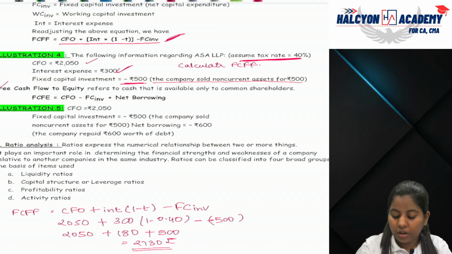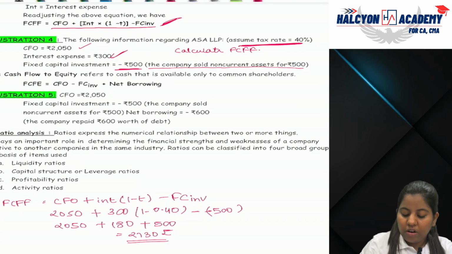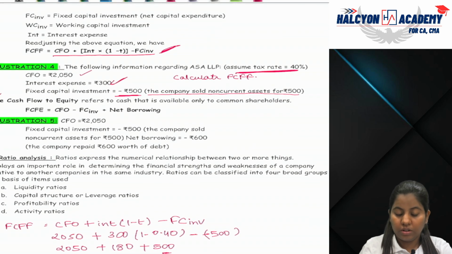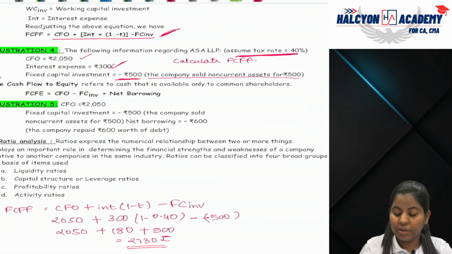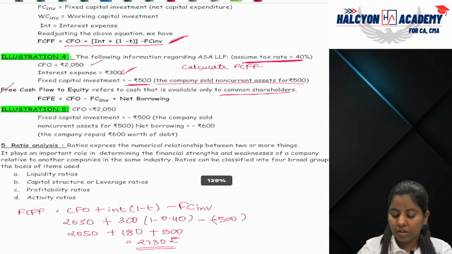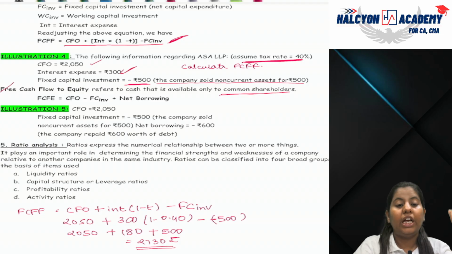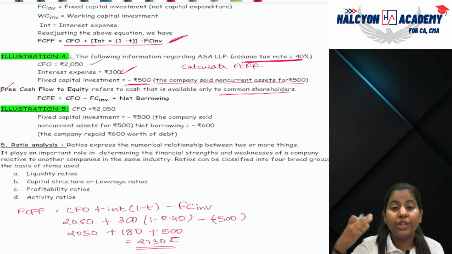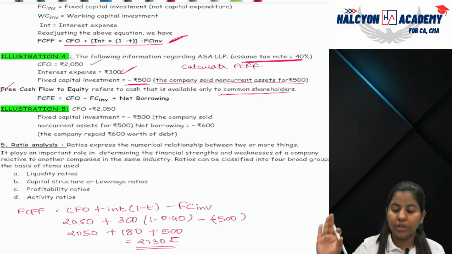Free cash flow to equity refers to the cash that is available only to the common shareholders. Whatever cash we have in hand for equity shareholders, it is free cash flow to equity.